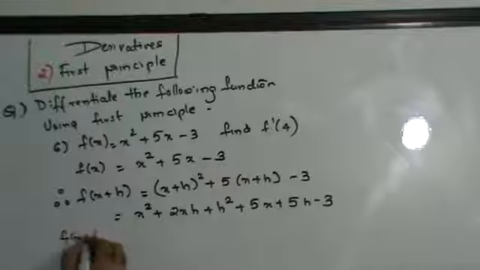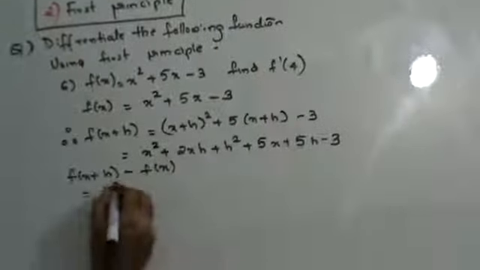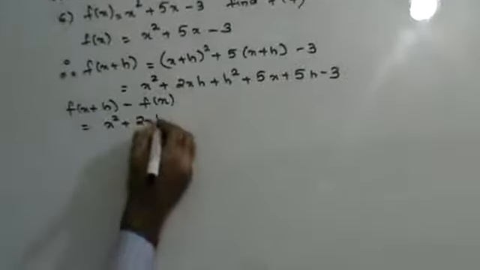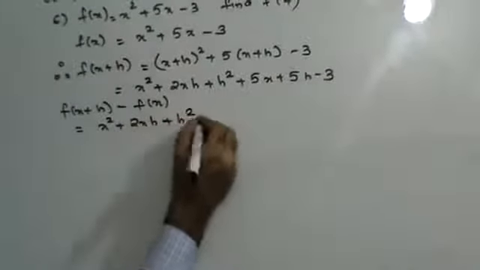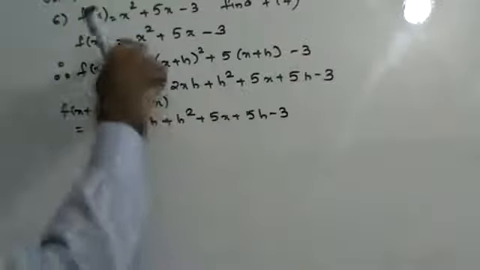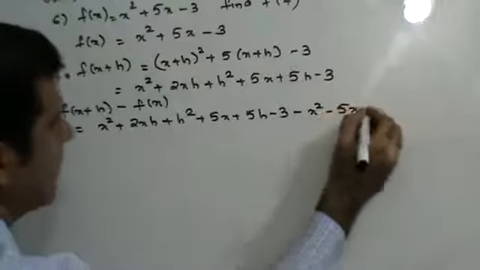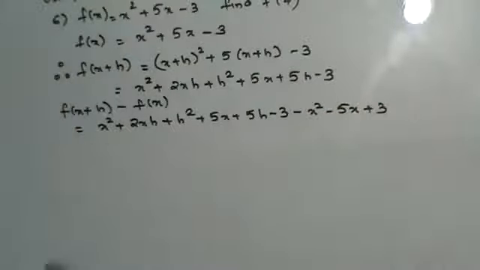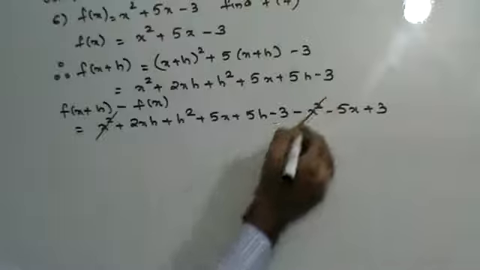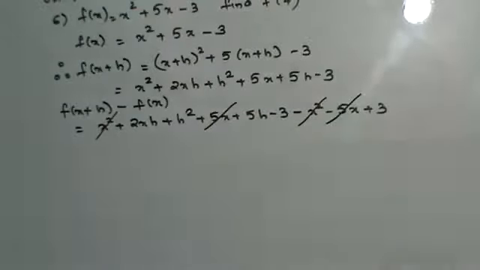Now f of x plus h minus f of x is going to be x square plus 2xh plus h square plus 5x plus 5h minus 3, minus this term. So minus x square minus 5x plus 3. x square and x square get cancelled. 5x and 5x get cancelled.